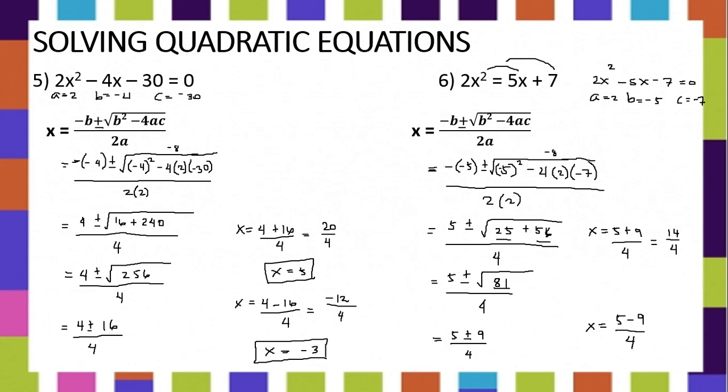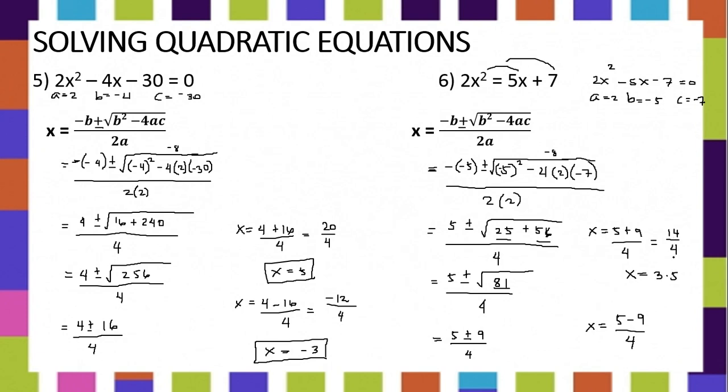Try nating i-divide. Okay? 14 divided by 4, 3.5. Exact na 3.5 yung lumabas. Pwede nyong isulat na answer nyo is ito, 14 over 4, or pwede din nating sabihin na 3.5 kapag dinivide nyo kasi to.